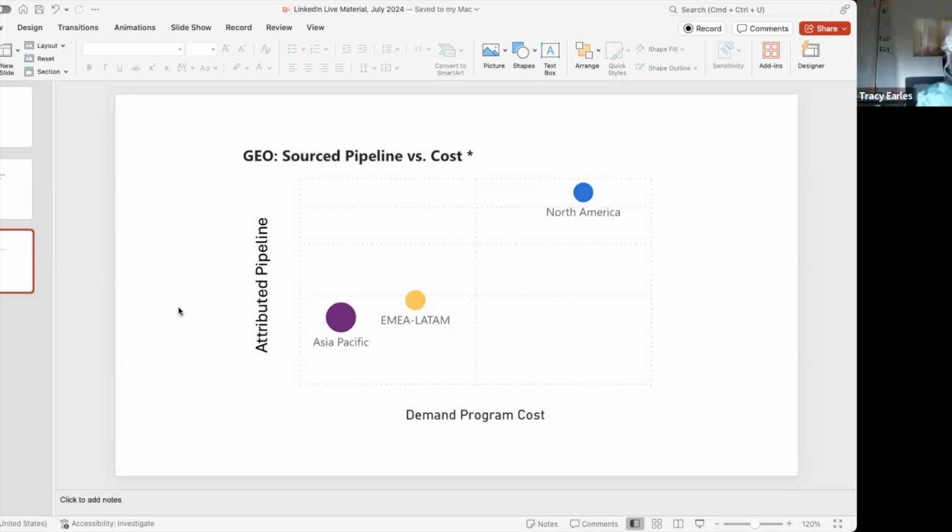One thing I think is interesting, I was thinking about this last night, is that Asia Pacific, and let's say the non-North American markets, have language translation costs.